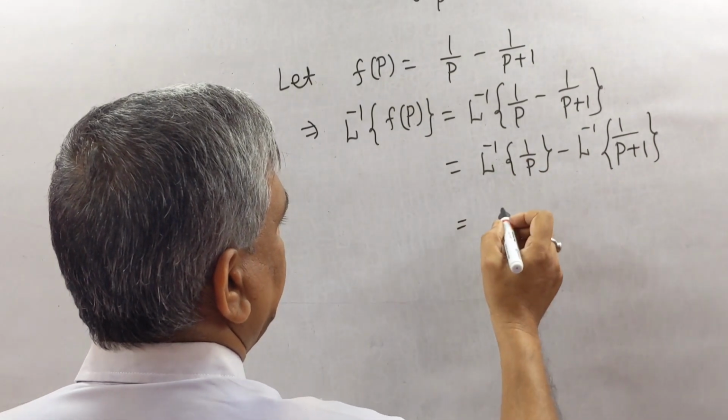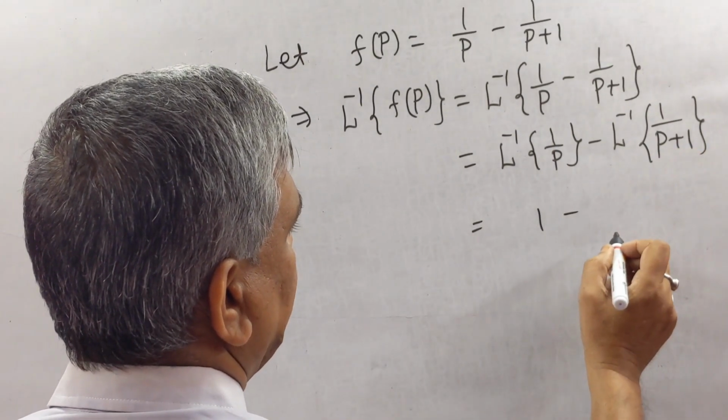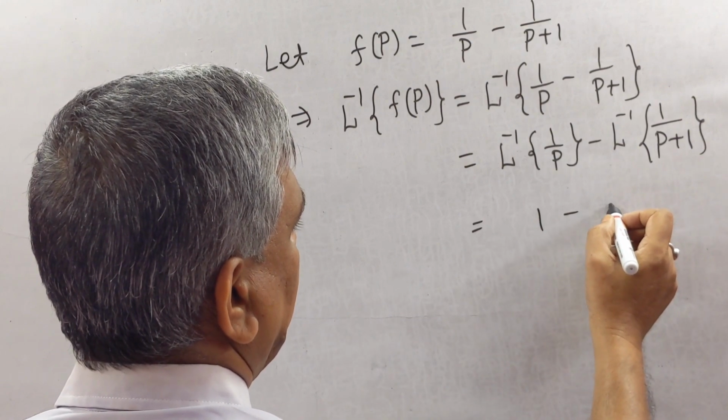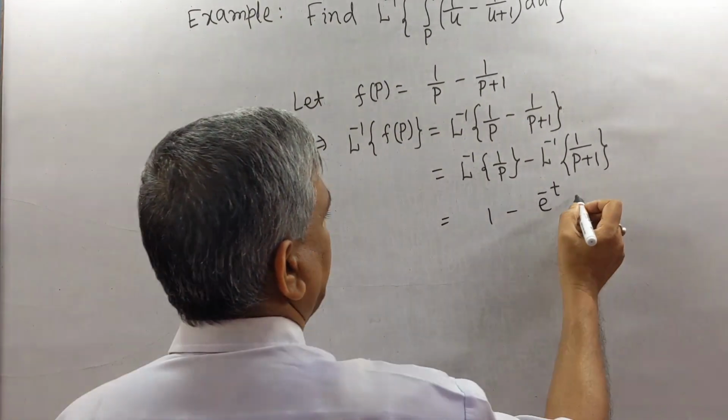L inverse 1/p is 1, and L inverse 1/(p+1) is e to the power minus t. Let this be f(t).